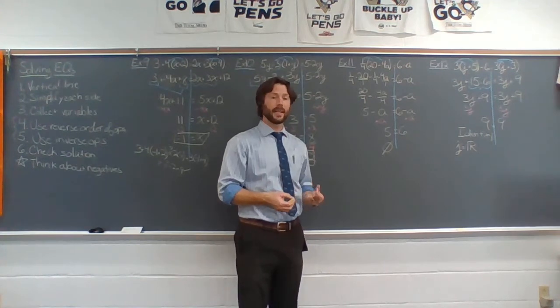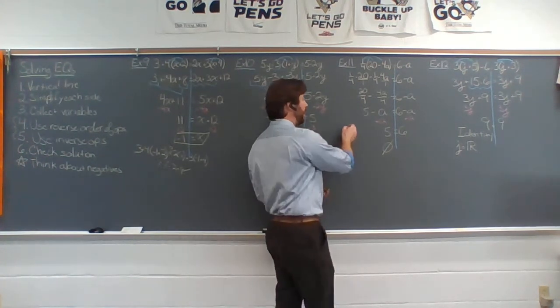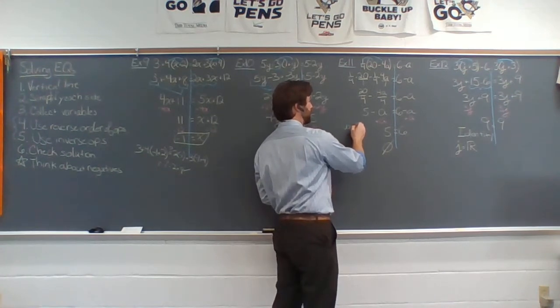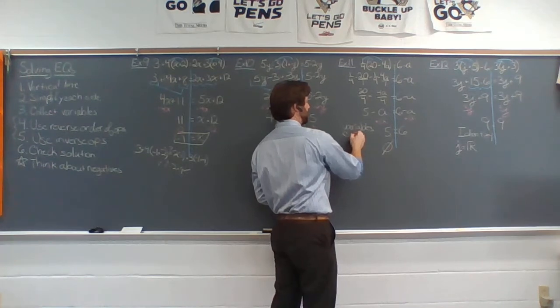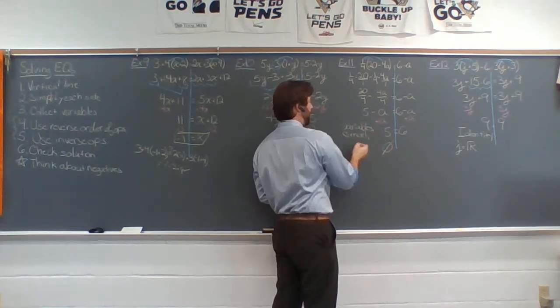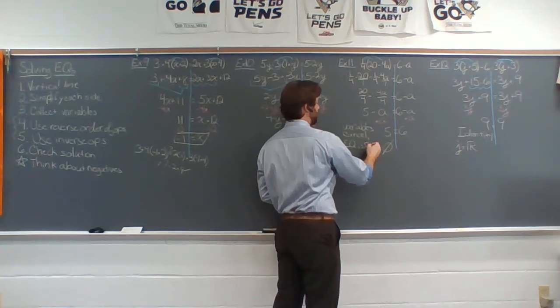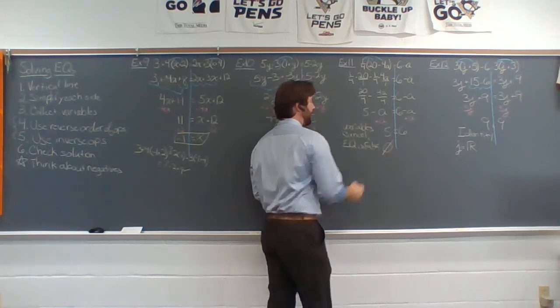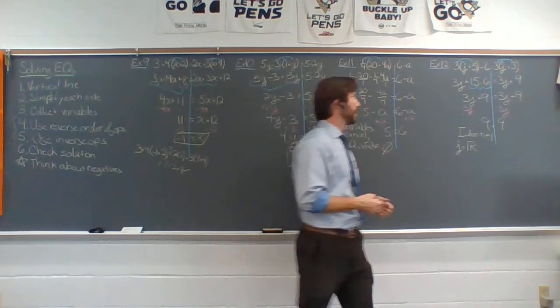That's called the identity. So one of two things happens if all the variables cancel. All the variables cancel, and your equation is false. If that happens, you're talking about an equation with no solution.